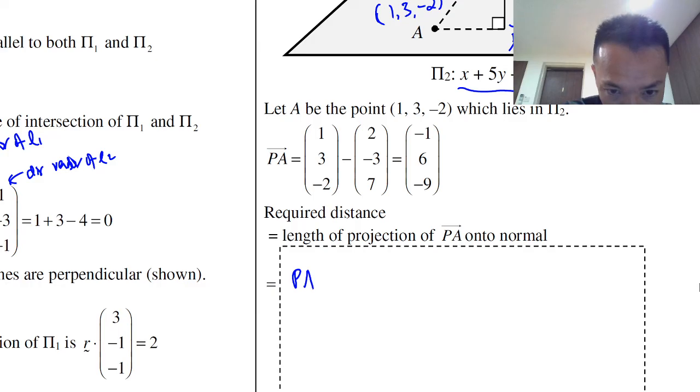So this is essentially PA dot n hat, right?